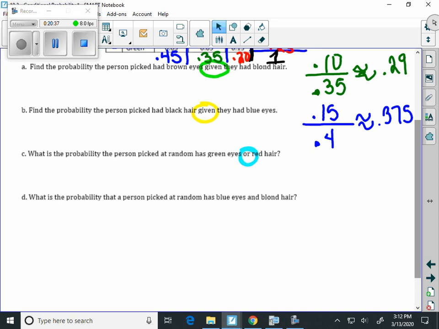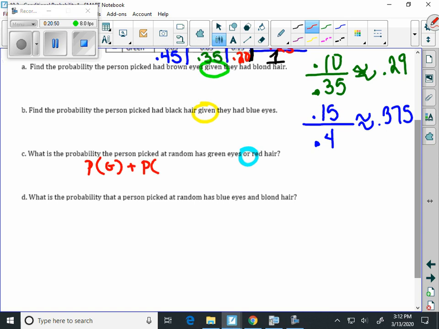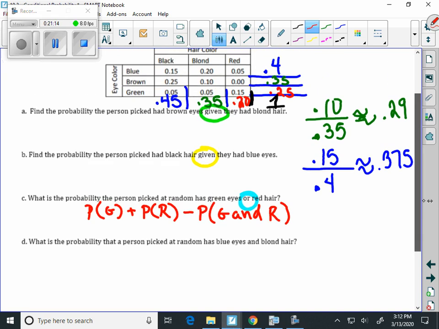So what we're going to start with is the probability that the person has green eyes plus the probability that the person has red hair minus the probability that they have green eyes and red hair. So it's an or problem. We have to be watching out not only for the givens, but also for the ors.